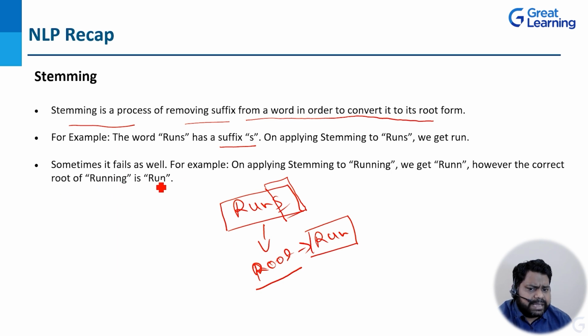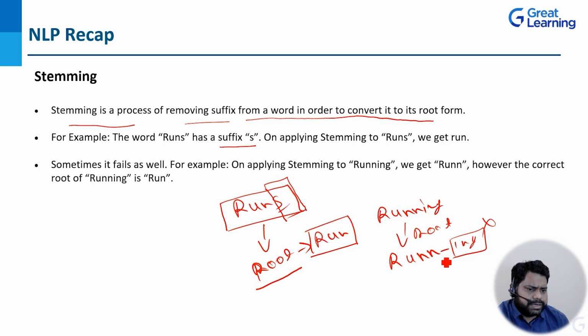Sometimes it has been seen that stemming fails. Let's see an example. Suppose you are writing "running". When you change it to its root form with the help of stemming, it will say "runn", because "ing" is a suffix to it. It will remove it, and your word will become "runn", which is wrong. The correct form is "run".